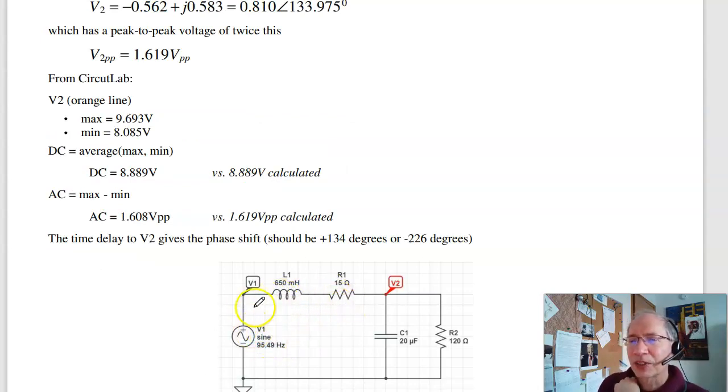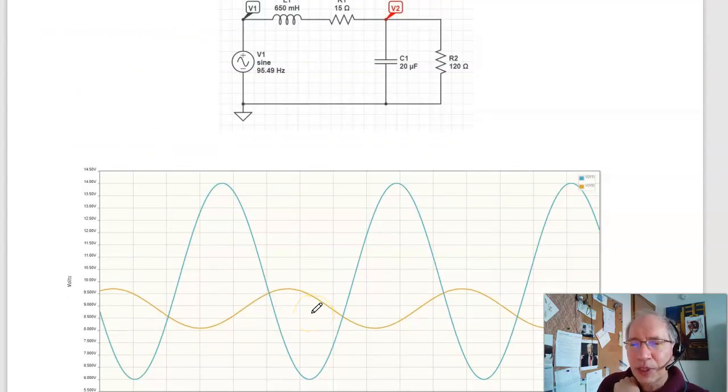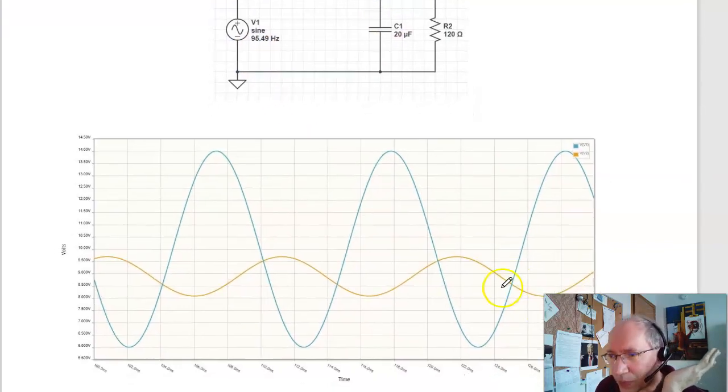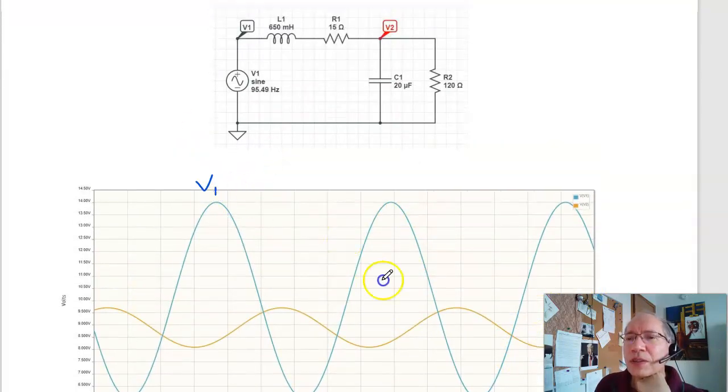Inductor, capacitor, simulate. I simulated it for a couple cycles. This is 95 hertz, so 3 cycles is roughly 300 milliseconds. So it's down there. Here's the input. This is V1. This is your V2.